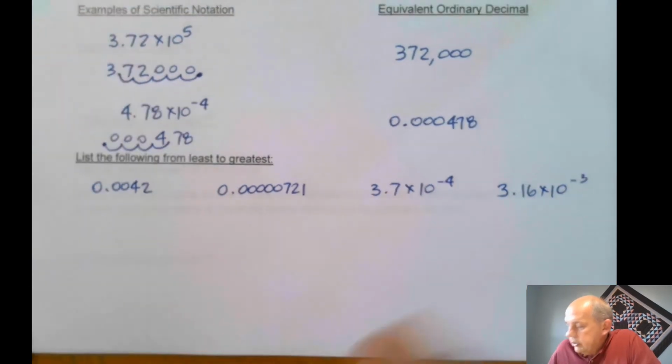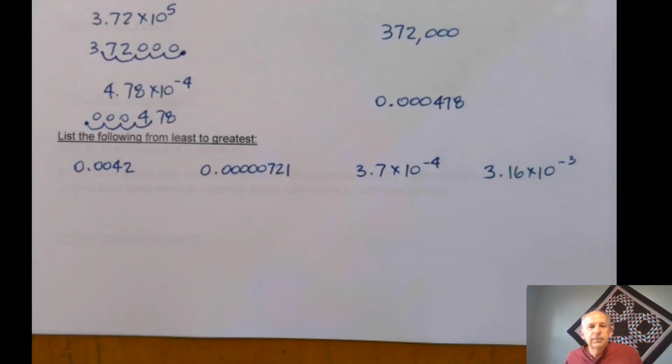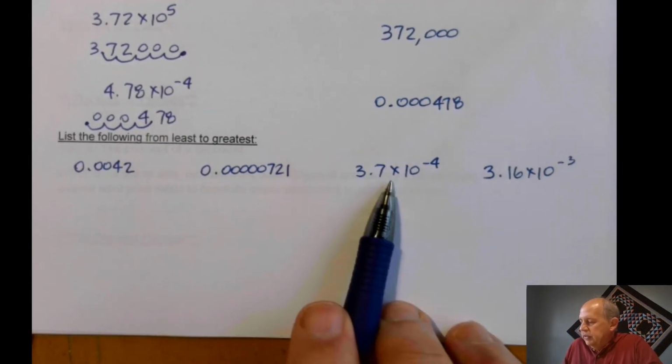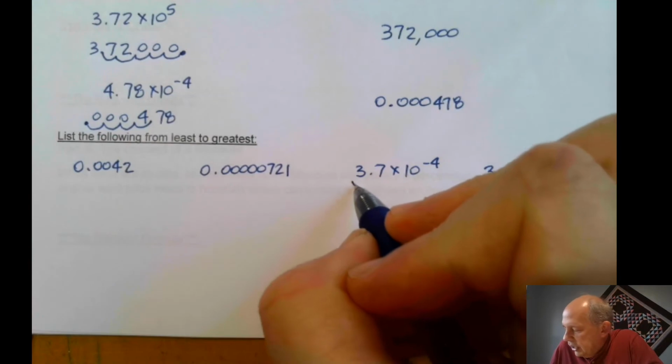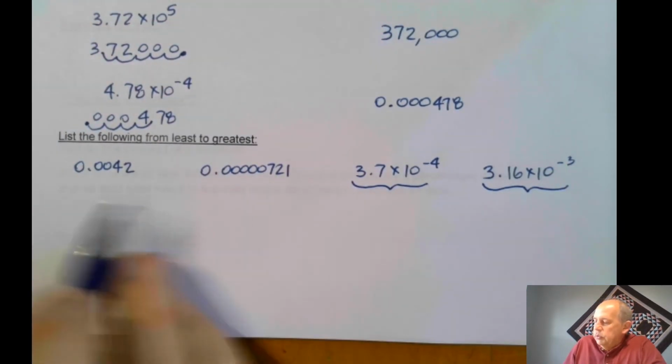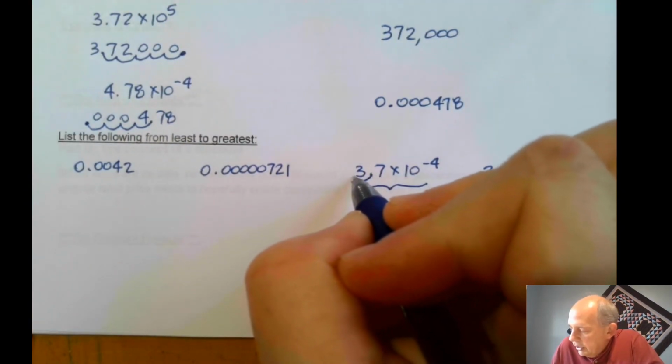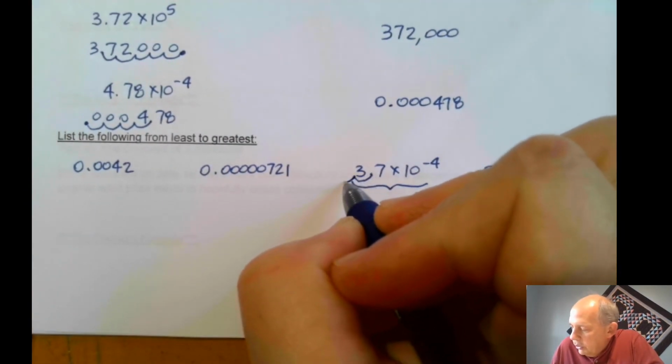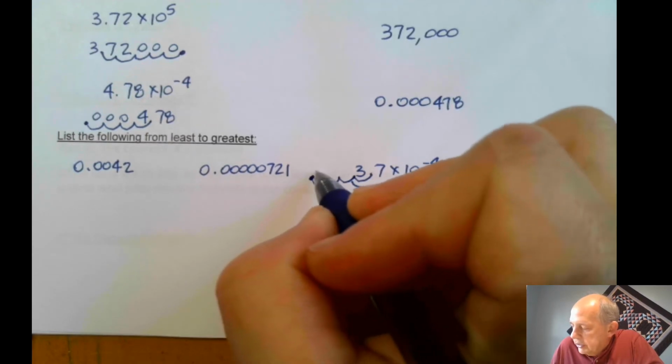And what I want to do is I want to rank these. So when I rank these values, I have a decimal, I have scientific notation, I'm going to have to convert these to a decimal so I can be consistent in what I'm trying to do. So I'm going to move the decimal over 1, 2, 3, 4 places.